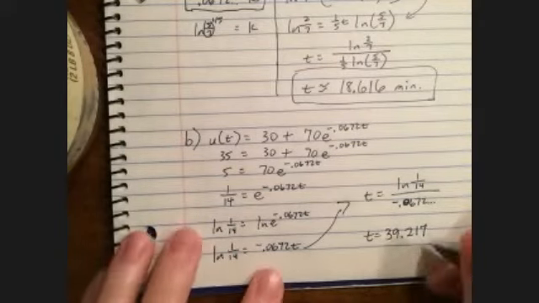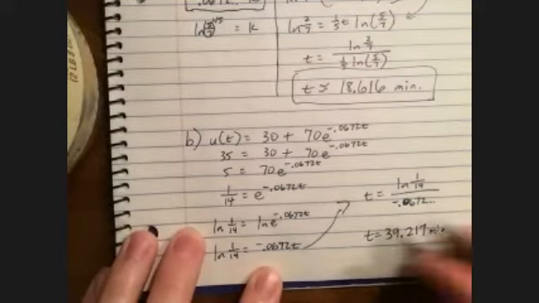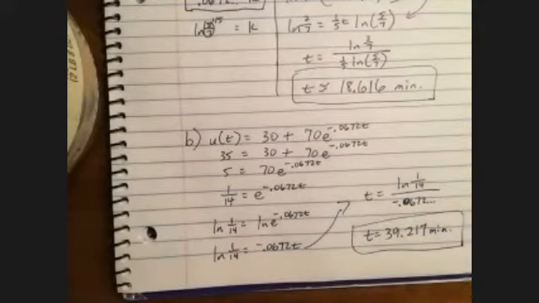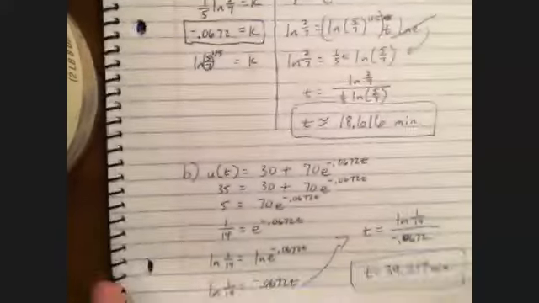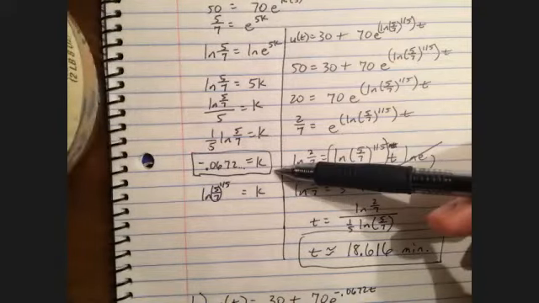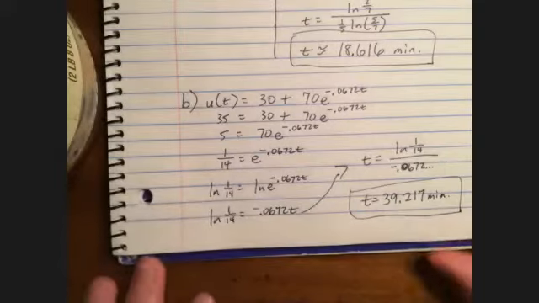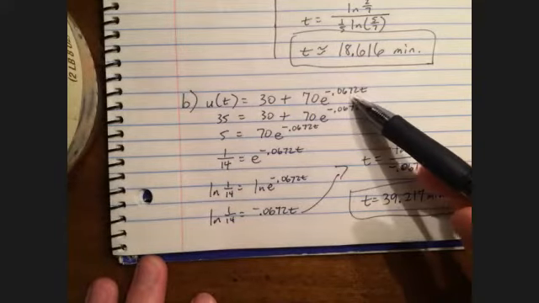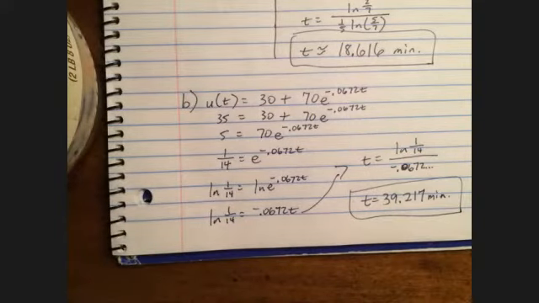I believe this is minutes again. All right, so there's those two examples. Remember, the first one's 18.616 minutes. We had to determine first everything on this left side, the k value, that constant. And then part B was just using that constant once again to determine how long it would take to get to 35 degrees Celsius.